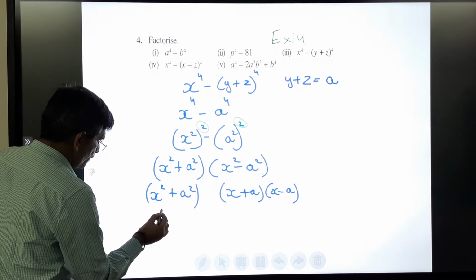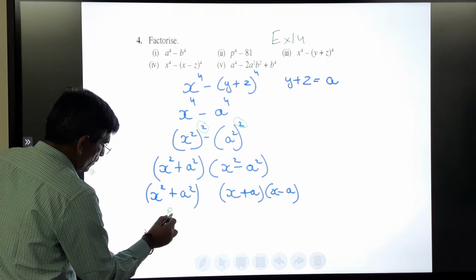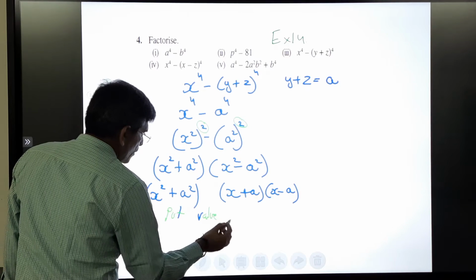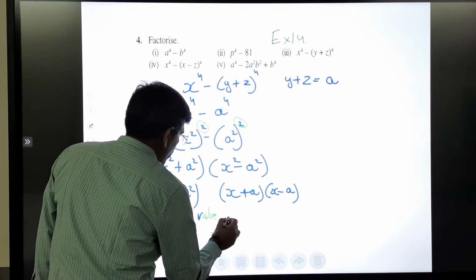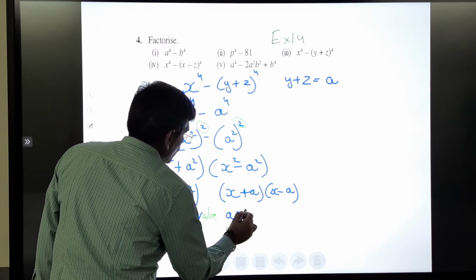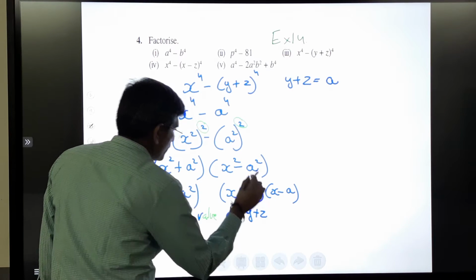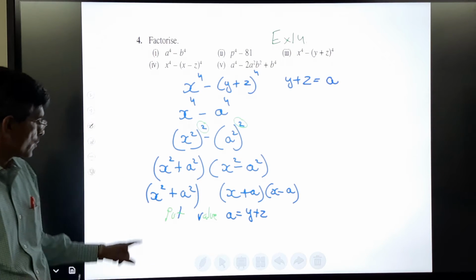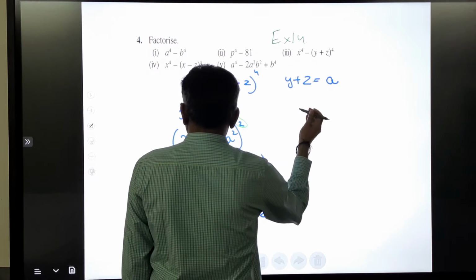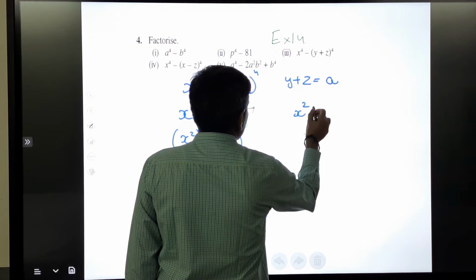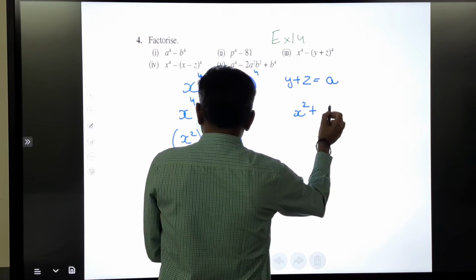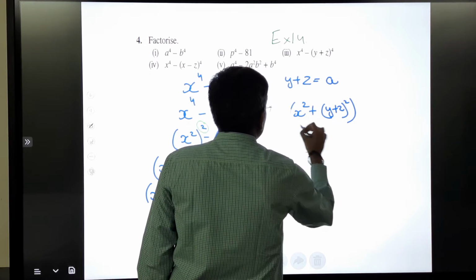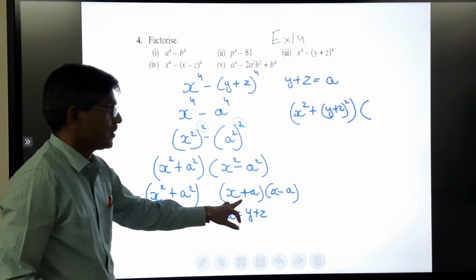So we have to put value a is equal to y plus z. So if I put value here, then x square plus y plus z whole to square, bracket over, in second bracket x plus a.